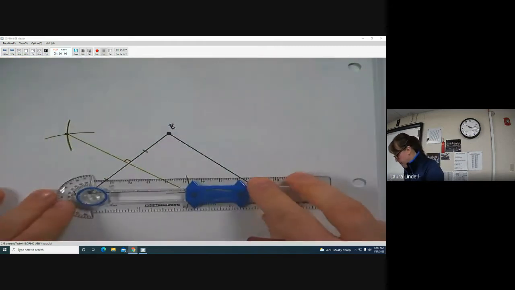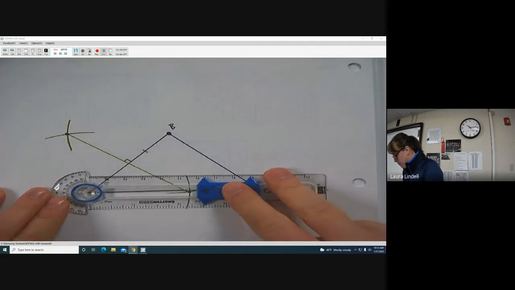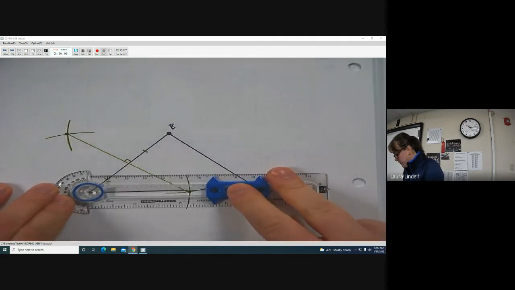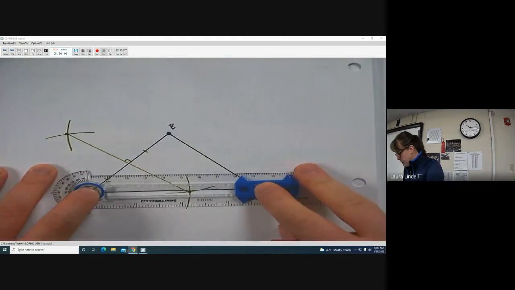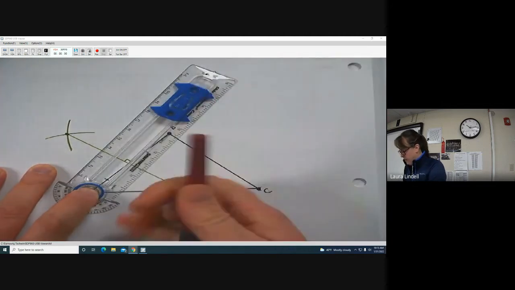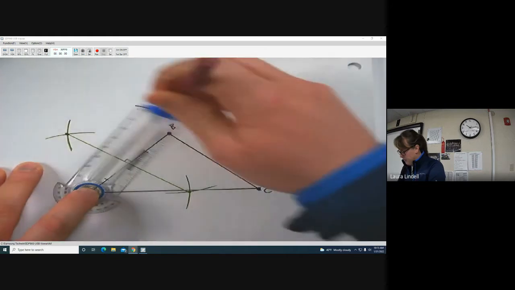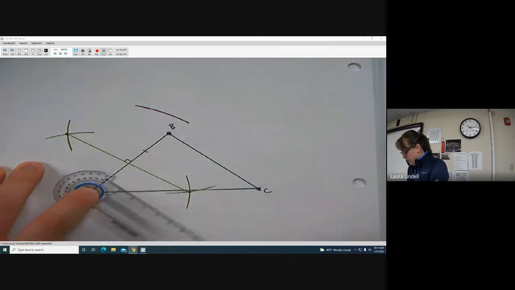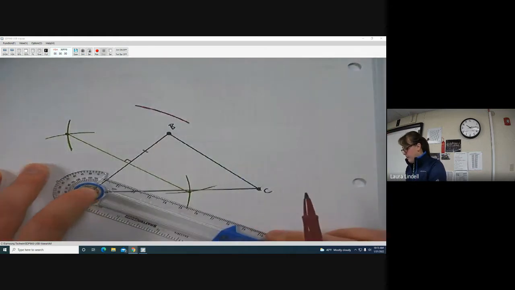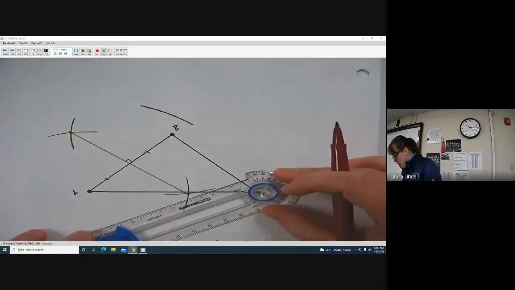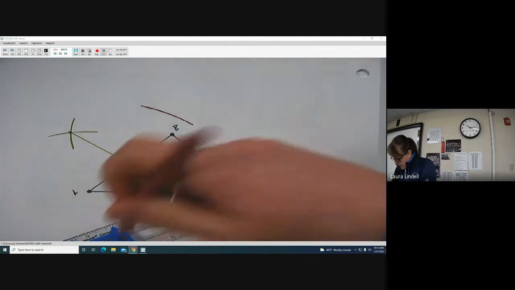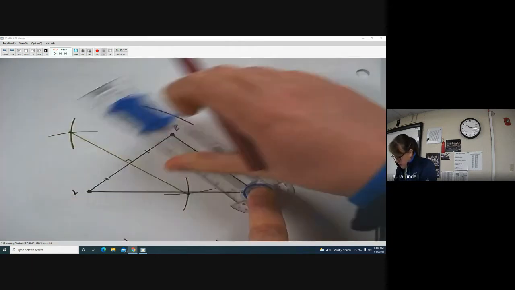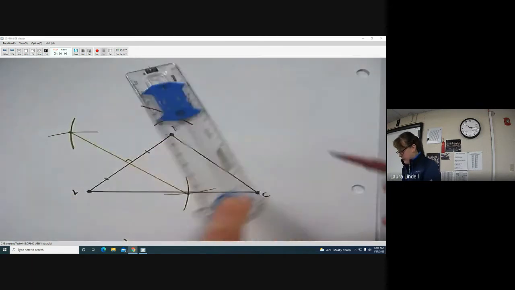I'm going to open it more than halfway from A to C, make an arc above and an arc below, and then do the same thing over here, making an arc below and an arc above that intersects.